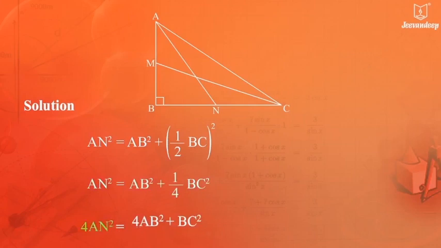Or 4AN square equals 4AB square plus BC square. Equation 2.